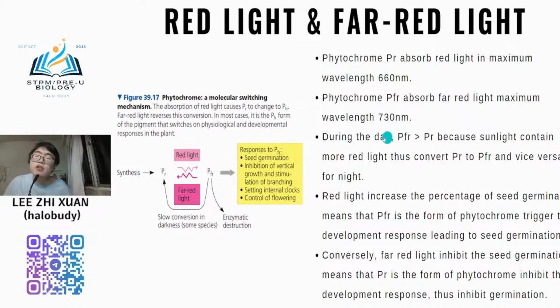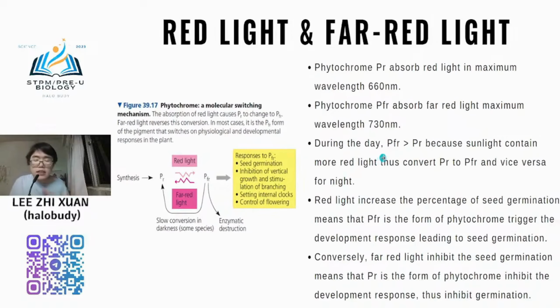You still remember that you learned about chlorophyll pigment. During the sunny day, there are two lights highly found in the sunlight, which are what? Red light and also blue light, right?